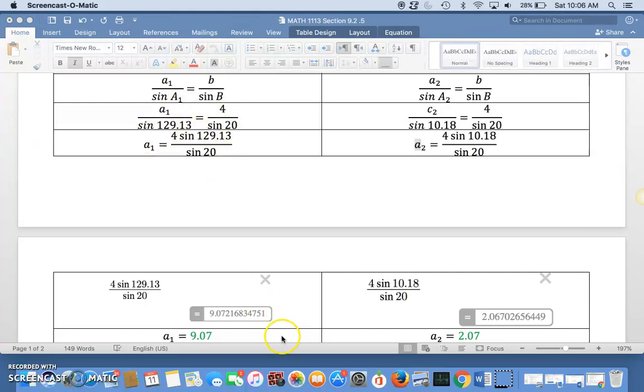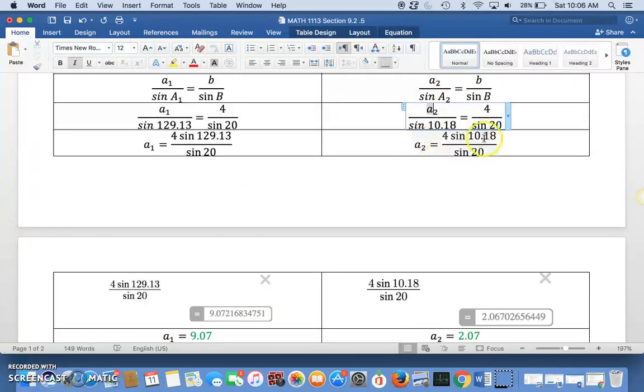You have found a1 to be 9.07. Over here we're finding a2. We cross multiply and we divide. You've got a2 by itself, so you're ready to put it into the calculator, and when you do, it comes out to be 2.07.